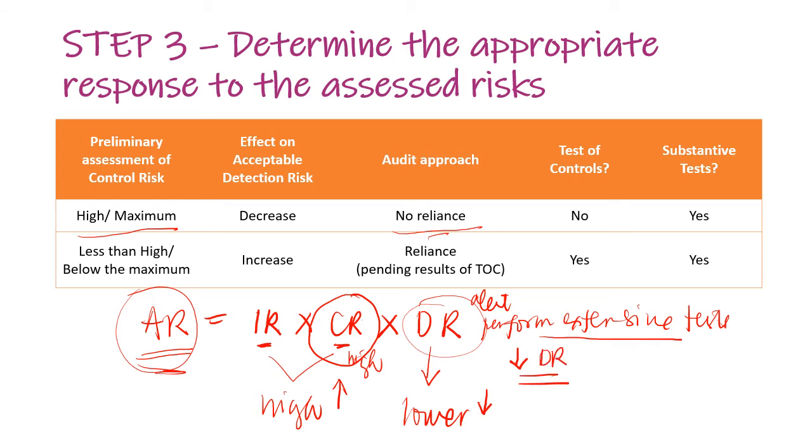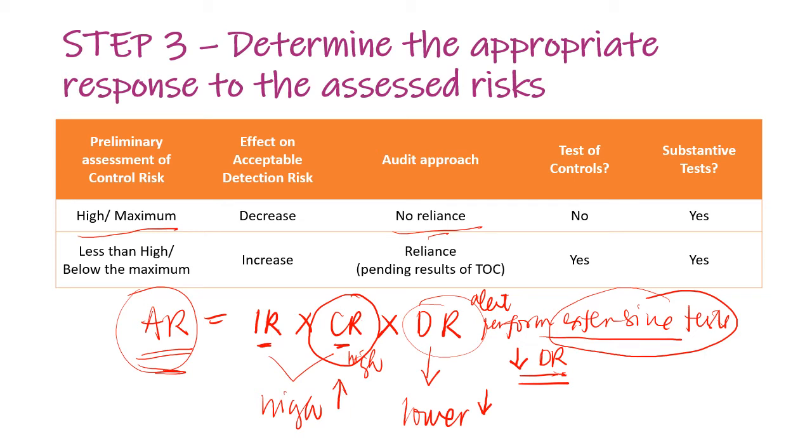If we perform extensive tests, there is a lesser chance that the auditor will fail to detect the misstatements. The chance is lesser because the tests were performed well. So that's why there's a decrease in the acceptable audit risk.